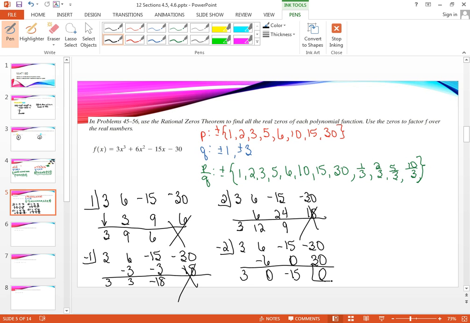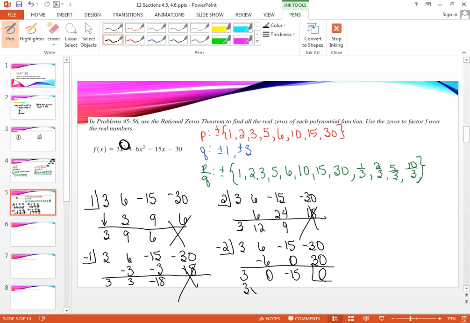Okay, think for a second. This says to us that x plus 2 is a factor of the original function. Now this is only degree 3, right? So if we divided something that was degree 3 by something that was degree 1, that means that this quotient down here is a quadratic, right?